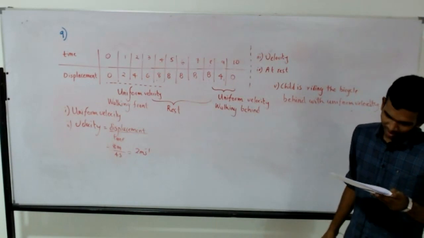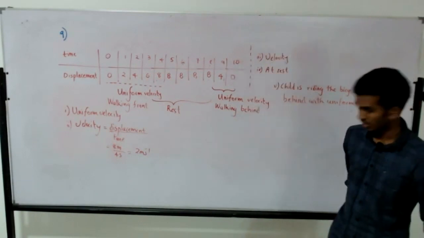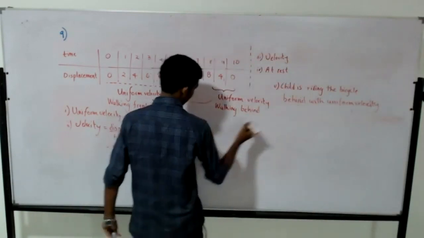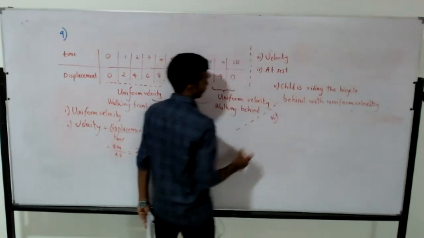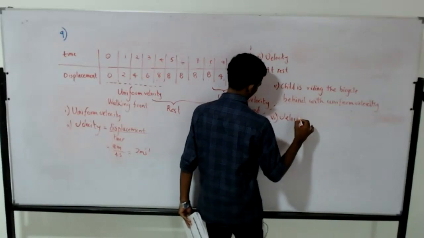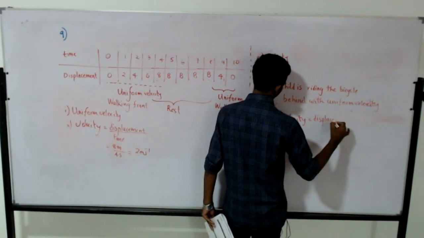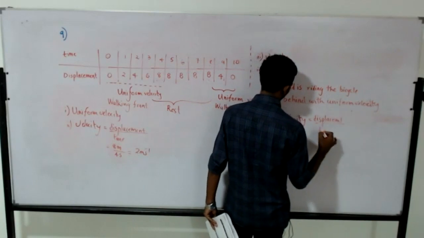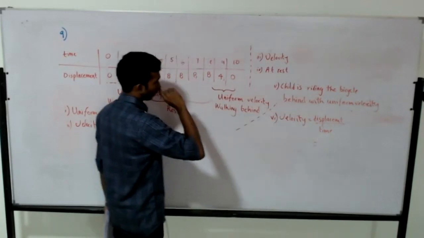Question number 6. Find the velocity of the child during last 2 seconds. This is a little confusing. Velocity is displacement over time. Now listen very carefully.